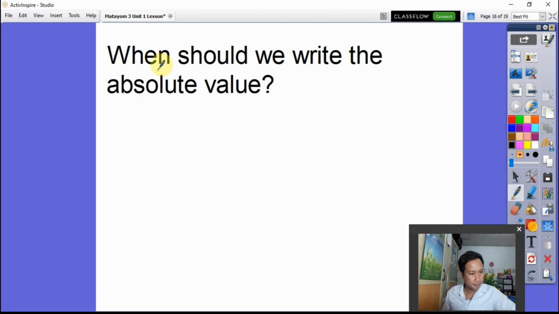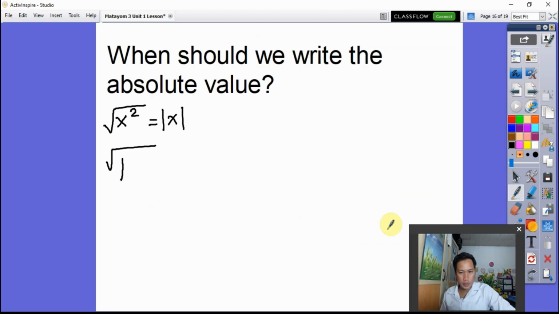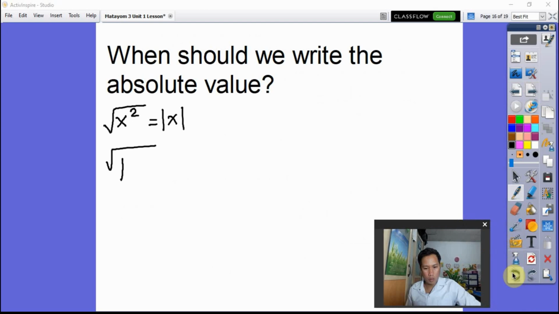Based on our example, the root of x squared, we put an absolute value sign when we have x only, but we didn't write absolute value on m to the power of 4.